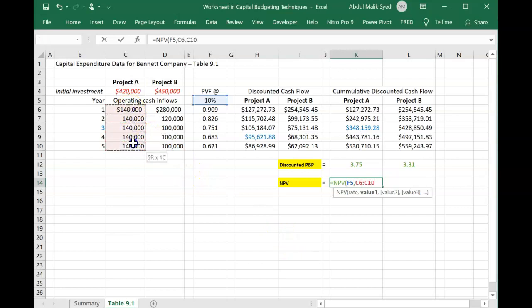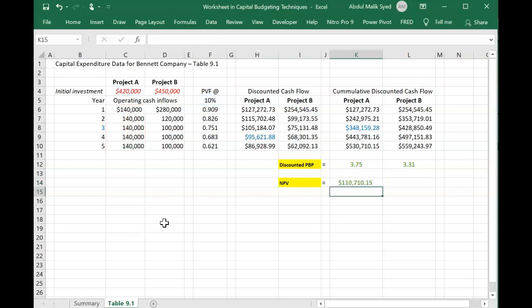So you are going to take all these values. Make sure that you start from the first year. Take all the values and then subtract your project's initial investment.